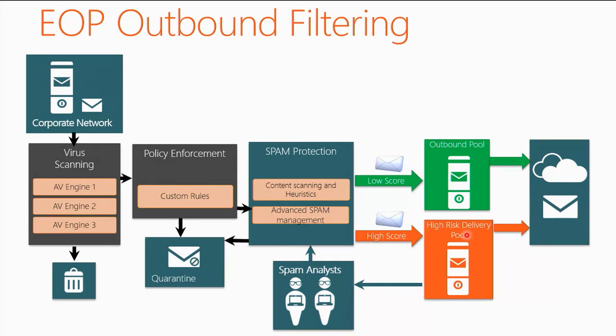And the interesting thing that happens there is that we split our traffic into two outbound pools. We have the green low score outbound pool, where the mails appear to be good. And then the suspicious mails, where we're not certain that it's 100% spam, but it's very close to spam. It's a very high score that it is spam. We will send it out through the high-risk delivery pool.